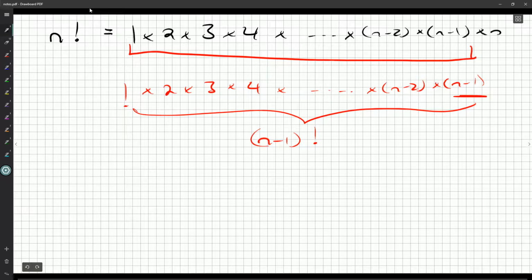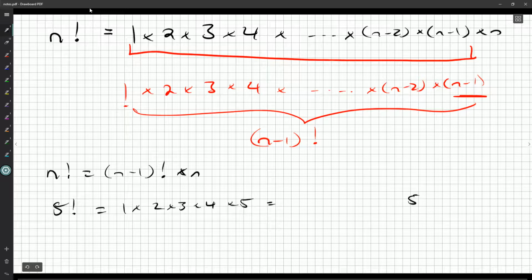So n factorial is n minus 1 factorial just times an n. We can see this with our 5 factorial. Take the 5 away, and what are we left with? 1 times 2 times 3 times 4. Well, this is the product of all the numbers from 1 to 4 inclusive, which is 4 factorial. Right? So this is a nice little trick.